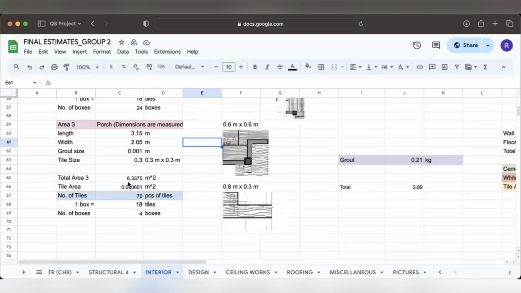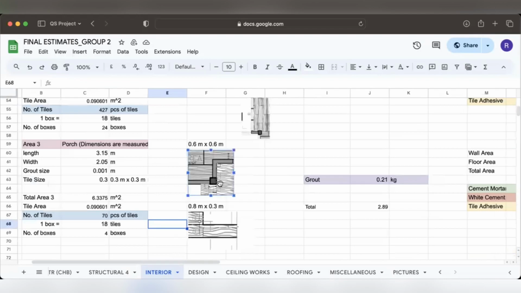So we have a total area of 6.34 square meters and a tile size of 0.09 square meters. So we have a total number of tiles of 70 pieces and 4 boxes.